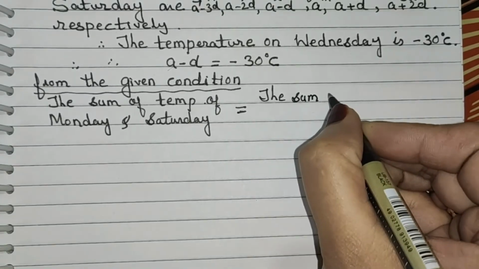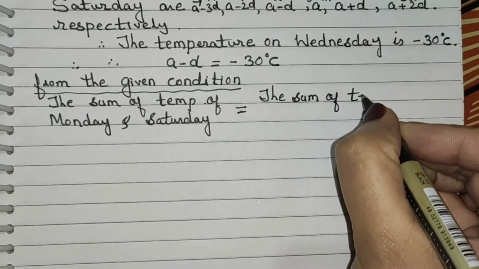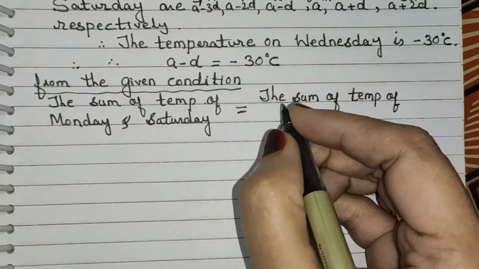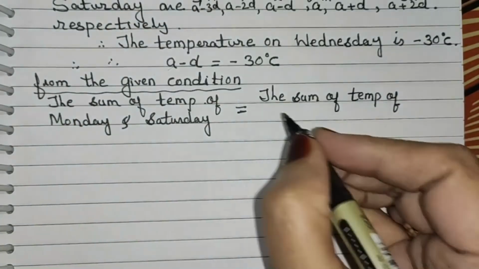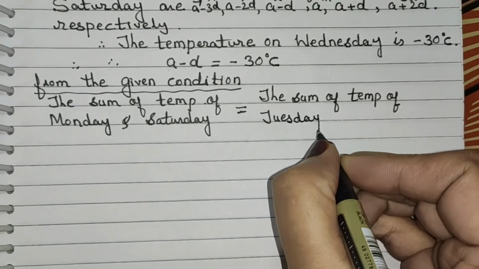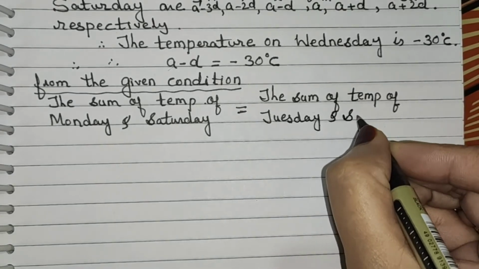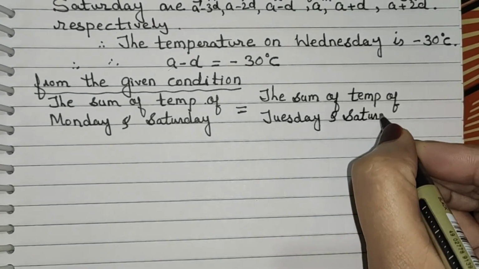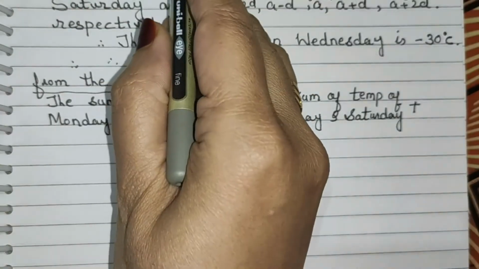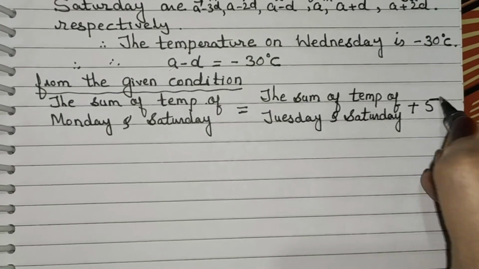The sum of temperature of Tuesday and Saturday plus 5 degrees centigrade, plus 5.